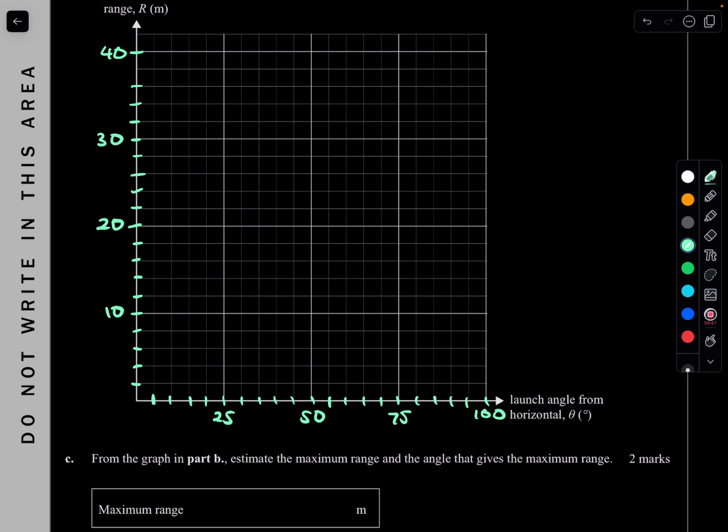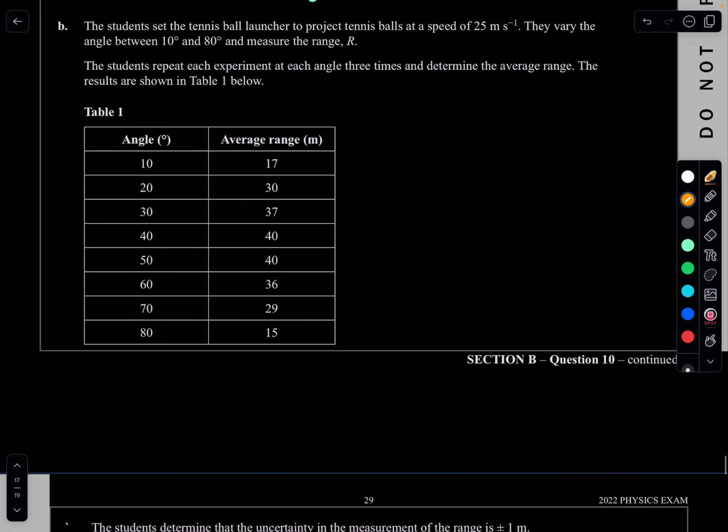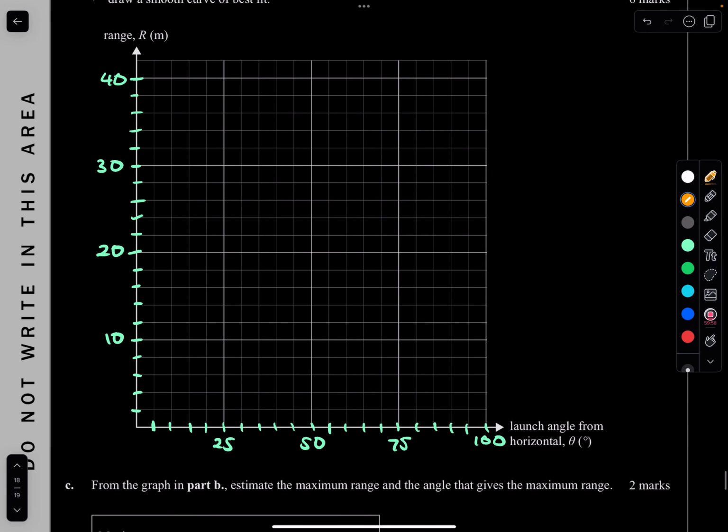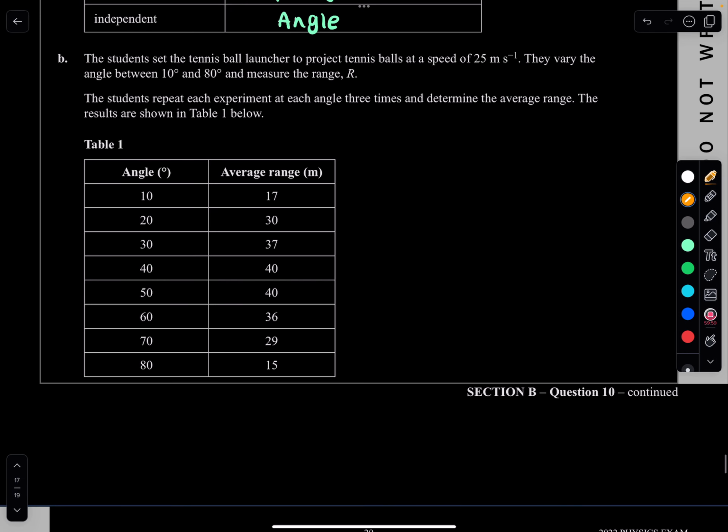Now let's plot those points. Okay, angle 10, range 17. Because it's going by 2s, 17 is 2, 4, 6 here. At this point, beautiful.